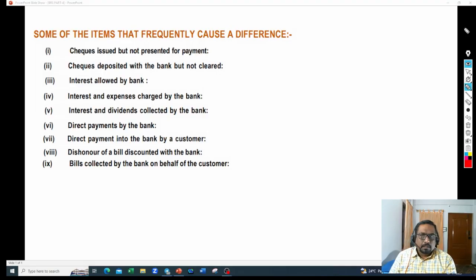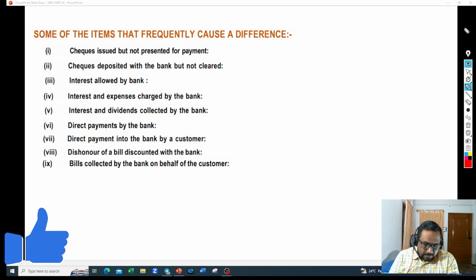Without wasting much time, let us get into the presentation and try to understand how those differences are going to have an impact on your passbook and cash book balances. Okay, guys, let us get into the details of the examples.